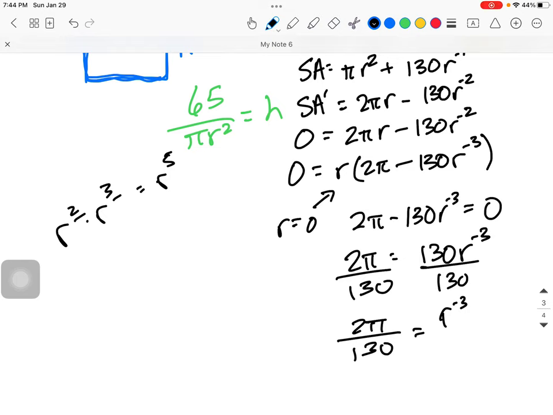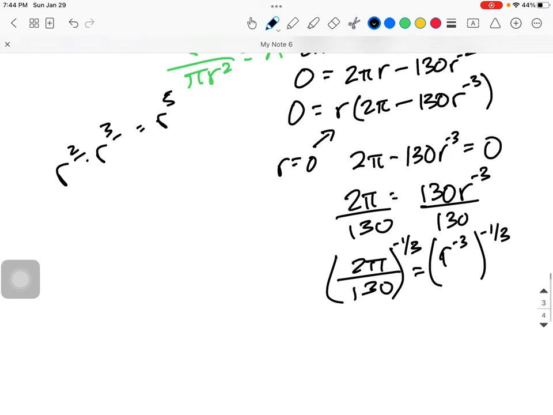And then the best way to get rid of that, I think, would be to take it to the negative 1/3 power. And I'm a little nervous because I don't have a calculator, but see if I can try to figure this out. I got my phone here next to me. Let's see if we get an answer that hopefully makes sense.